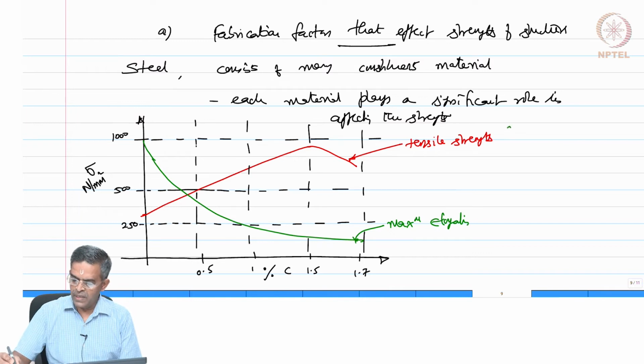So, we can very well say the tensile strength increases with increase in percentage carbon, maximum elongation decreases with increase in percentage carbon.